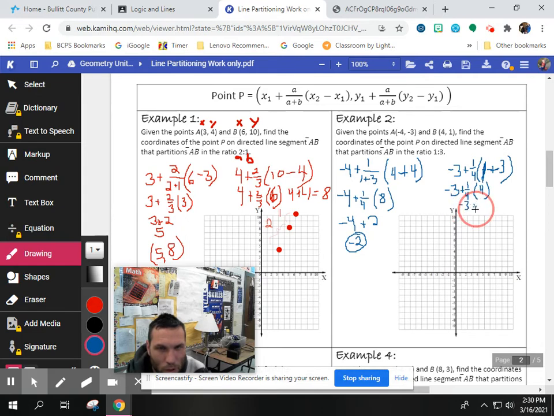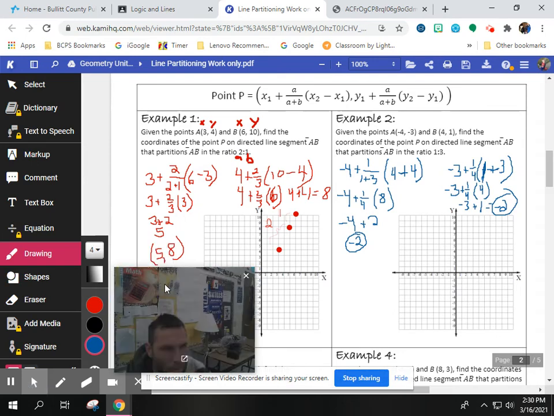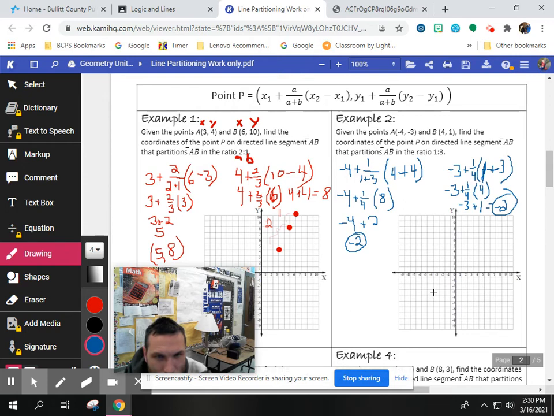So -3 plus 1 is -2. This one is -2, -2. -4, -3 is right there, 4, 1 is right here, and -2, -2 is right here. That partitions the line into a segment of 1 to 3, so 1 for every 3 of this.